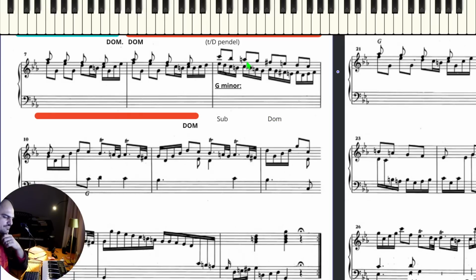This is already too ambiguous for us. It could be like this, dominant, or like this, subdominant. You can consider this as tones from the sixth ajouté chord. Then you have this sixth here from the sixth ajouté chord.